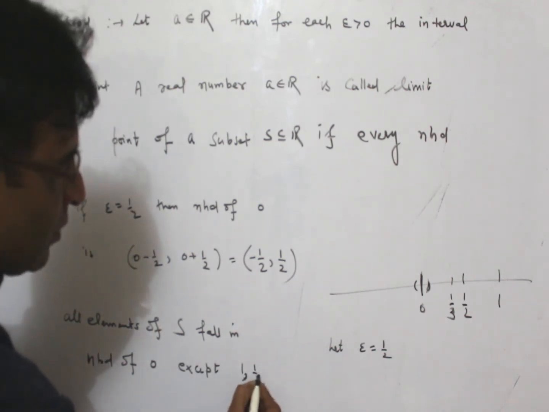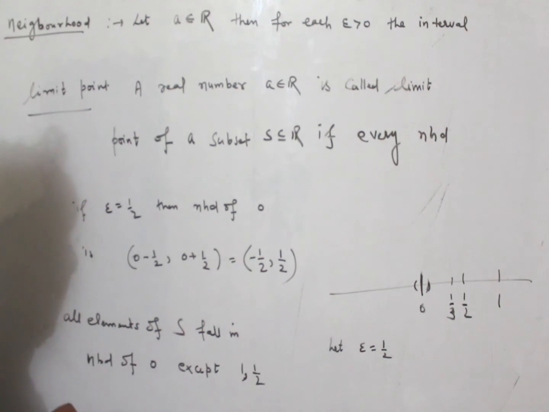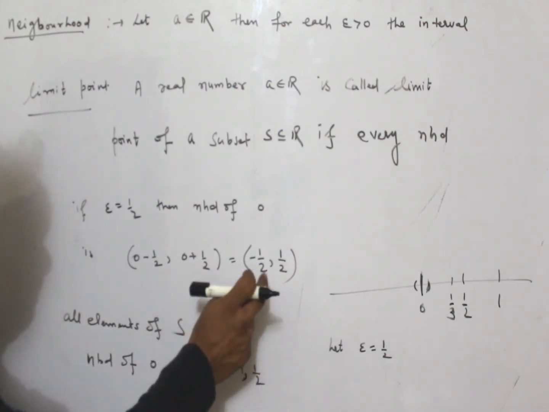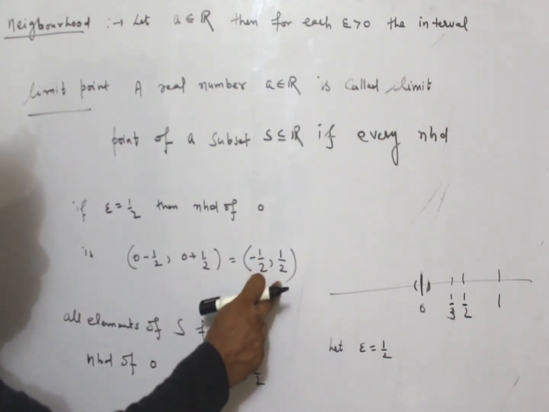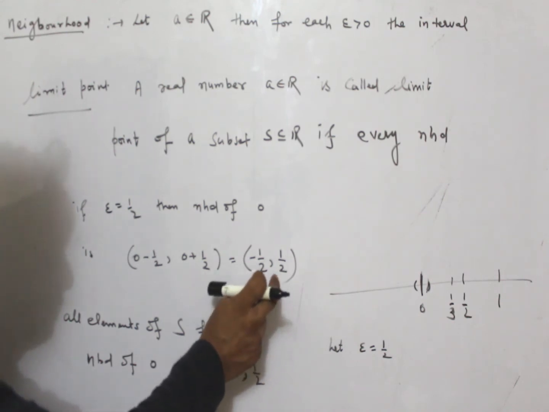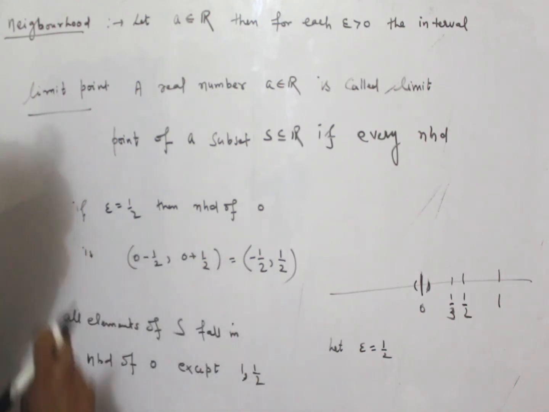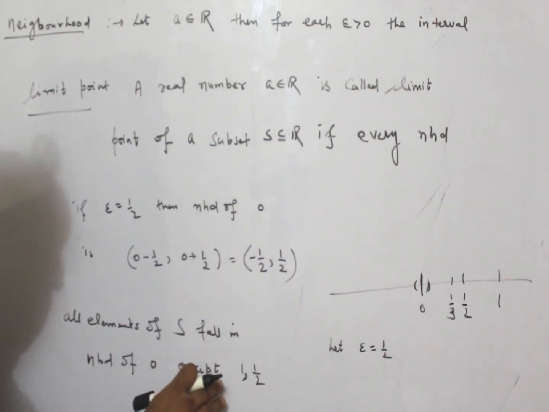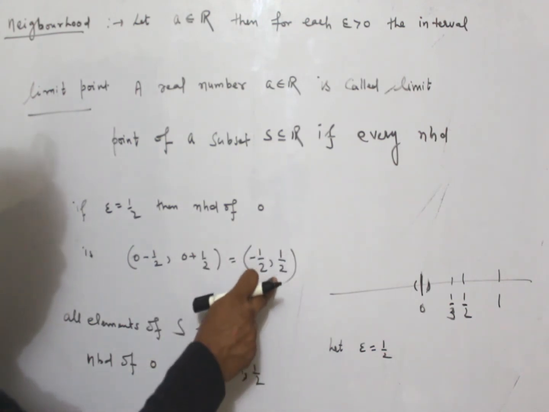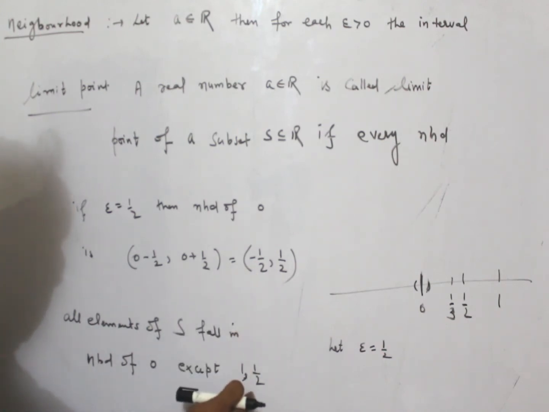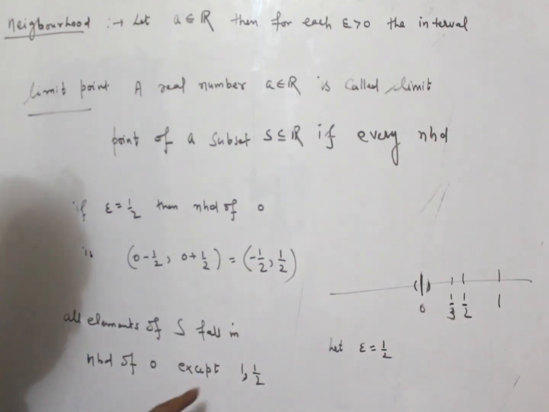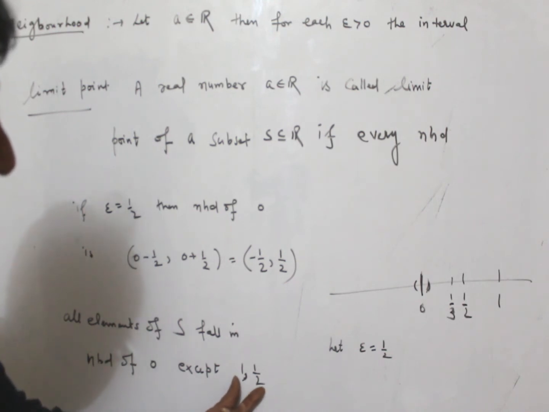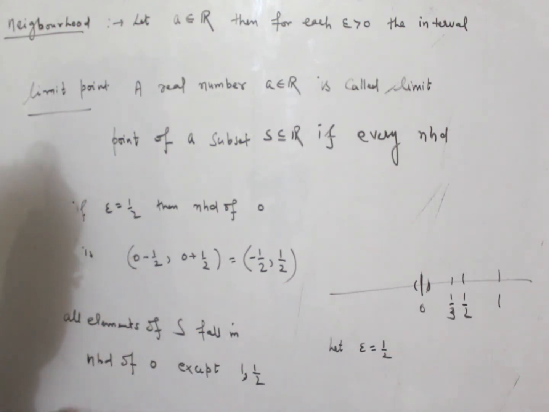Why do 1 and 1 by 2 not lie in it? Because this is an open interval. If it were closed, then 1 by 2 would also be included, but because it is open, except these two points, all elements of S fall in the neighborhood.